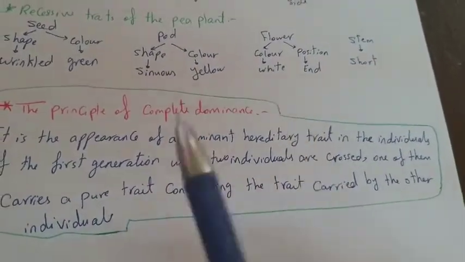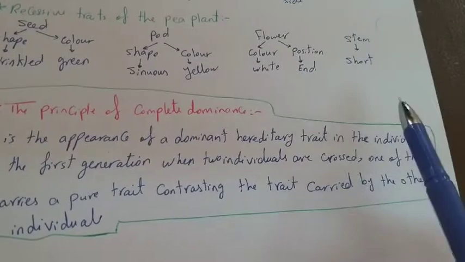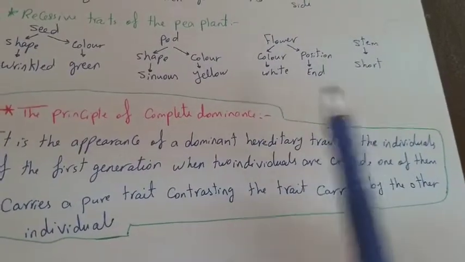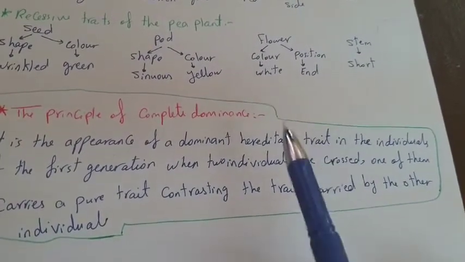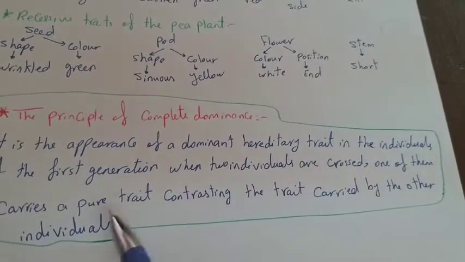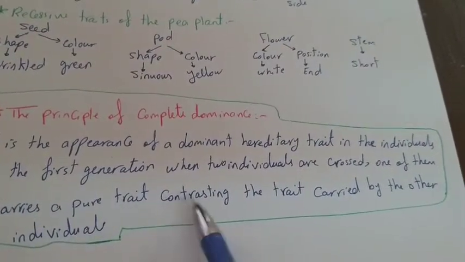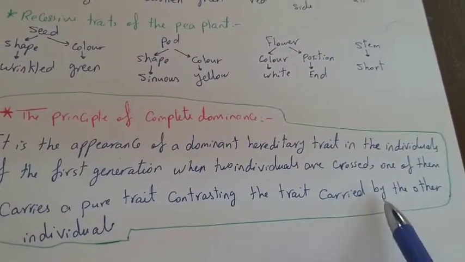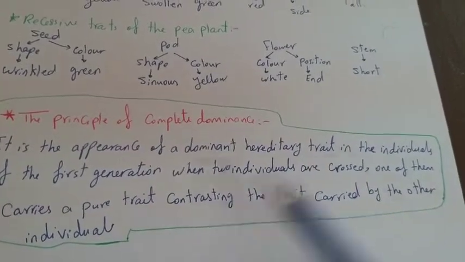So green color and yellow color seeds are two pure colors contrasting to each other.